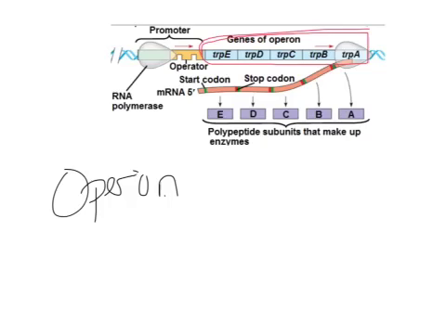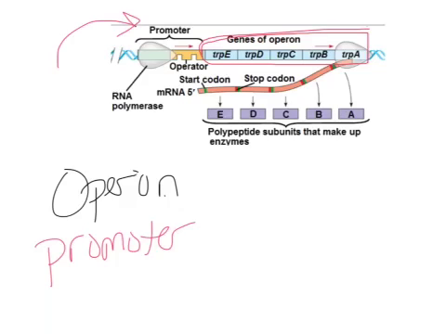so that all the products needed at that particular time will be available. There is a promoter region for the operon, at the beginning, and it works for the entire operon. The promoter is a nucleotide sequence that binds with the RNA polymerase.